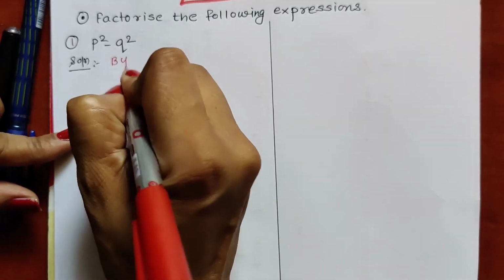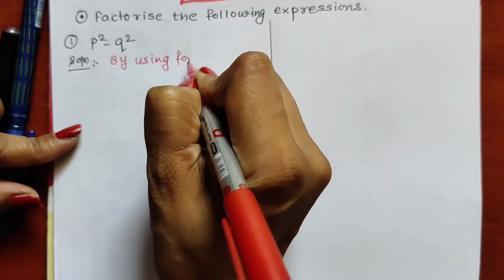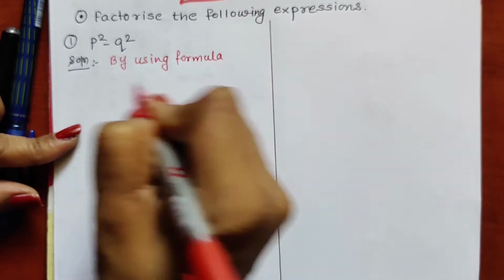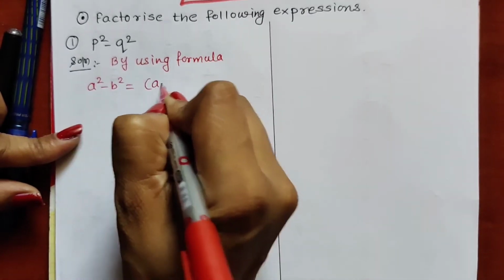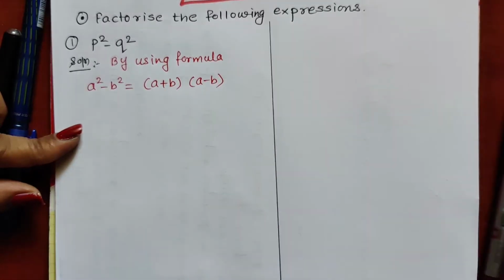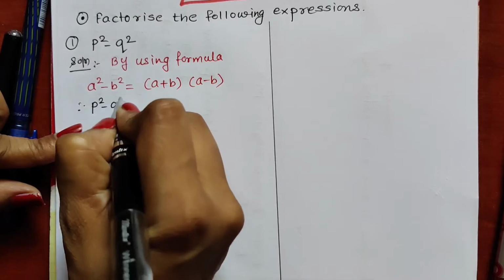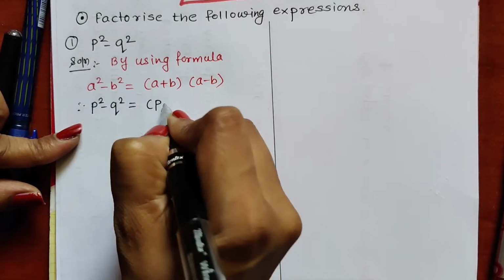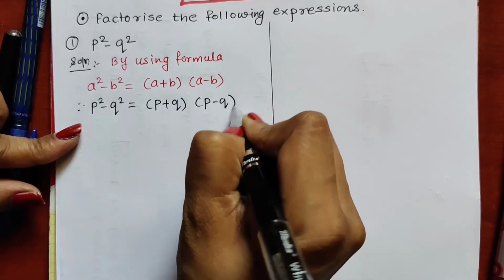So we write by using the expansion formula. By using the formula, a square minus b square is equal to (a plus b) in the first bracket and (a minus b) in the second bracket, and therefore our sum p square minus q square can be written as (p plus q) in the first bracket and (p minus q) in the second bracket.